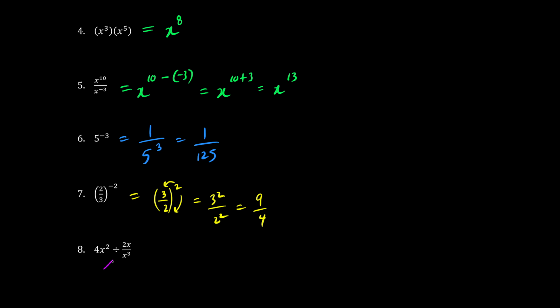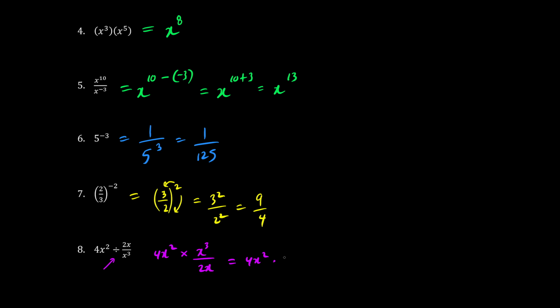Next, we divide. And when we divide by a fraction, that's the same thing as multiplying by the reciprocal. We flip it. Without thinking too hard, we just simply move the denominator to the numerator, and we move the numerator to the denominator. So now we can simplify. We have 4x squared times x cubed over 2x.